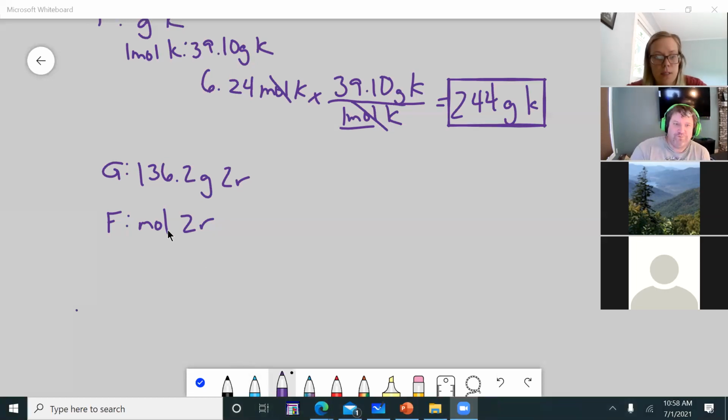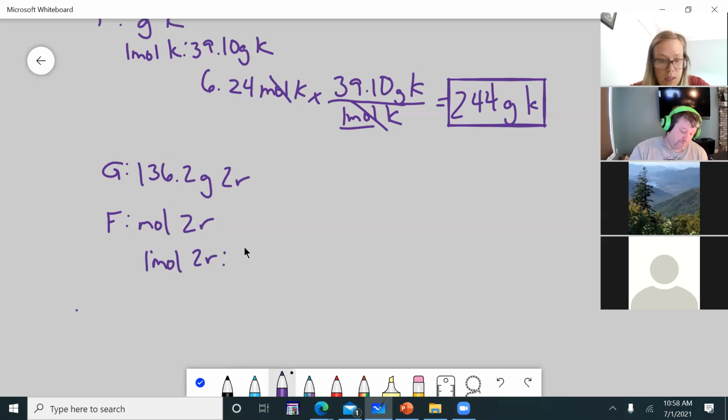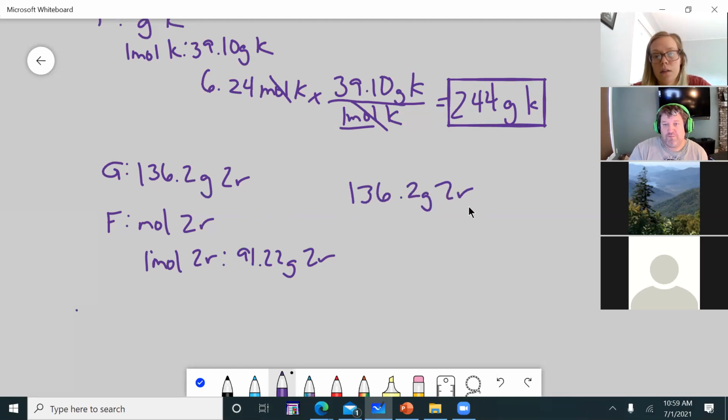Okay, so for this one, we need to talk about the relationship of zircon, the molar mass. 1 mole of zircon is equivalent to 91.22 grams of zircon. Start with our given, 136.2 grams of zircon.